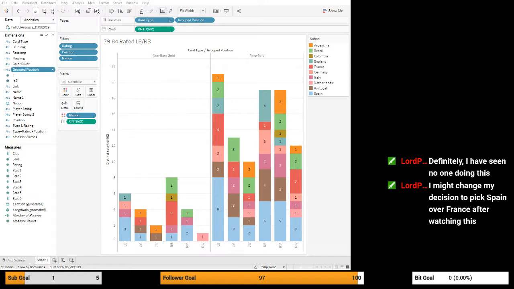So then, what I'm going to do as well is group together. I can do the same with the left and right back.